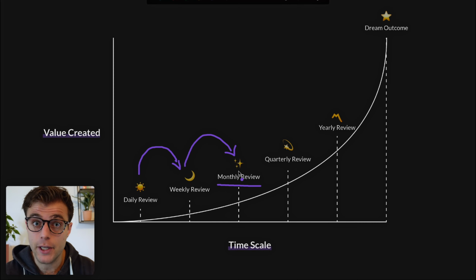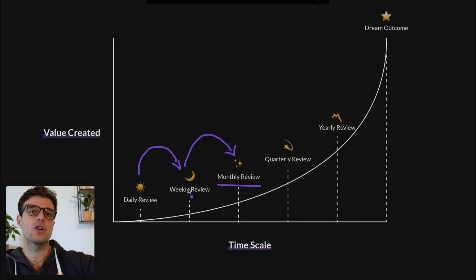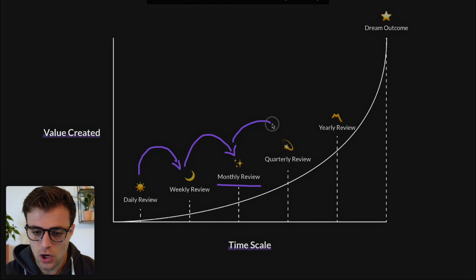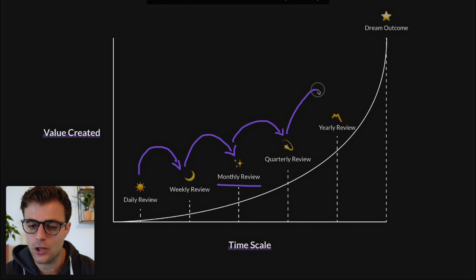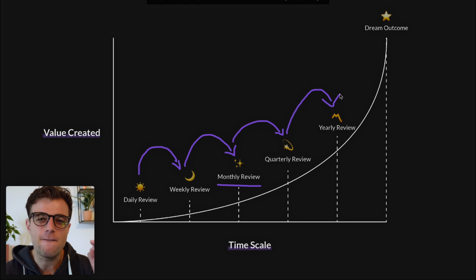Then during our monthly review, we start spotting patterns of what happened during our weeks. And like this, over time, we start layering these patterns on top of each other. And by the time we get to this quarterly and yearly reviews, we start getting these very deep and fundamental insights into who we are, into what is important to us, what is valuable to us.